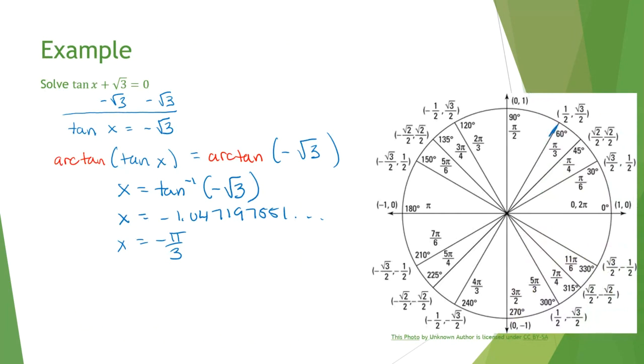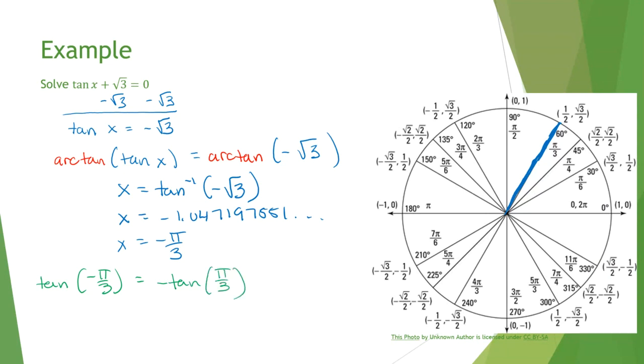Those are the same values. So pi over 3, this is going to give us the same value as the negative tangent there. So I'm going to just write this in another color. So the tangent of negative pi over 3 is equal to negative tangent of pi over 3.